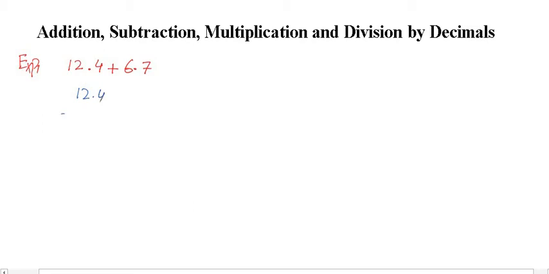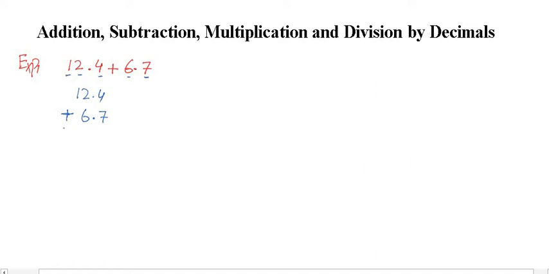Write 12.4 plus 6.7, and because this is the tenth place and this is the unit place, unit goes under unit, decimal under decimal, and tenth under tenth.